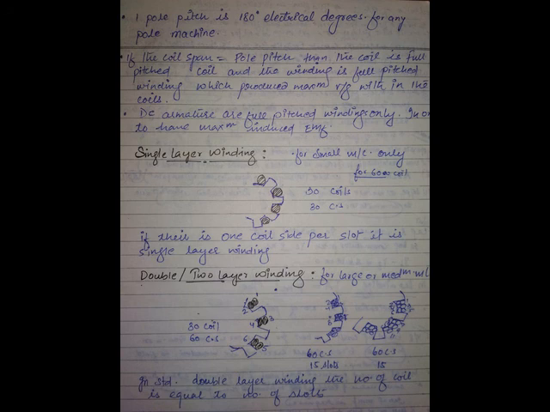How do we define back end and front end? There is a fixed format. In a DC machine, the end where the commutator is connected is known as the front end, and the other end is known as the back end. There's a reason for that.